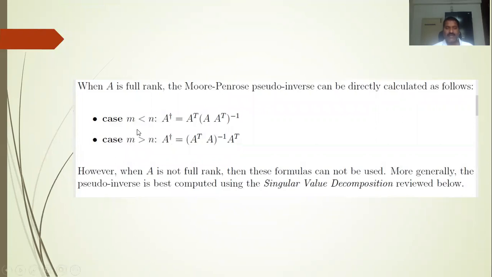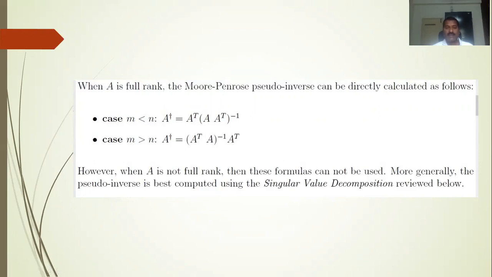If A is an m by n matrix with m less than n and the rank of A equals the number of rows, then A plus equals A transpose into A A transpose whole inverse. If m is greater than n and the rank of A equals the number of columns, then A plus equals A transpose A whole inverse A transpose.